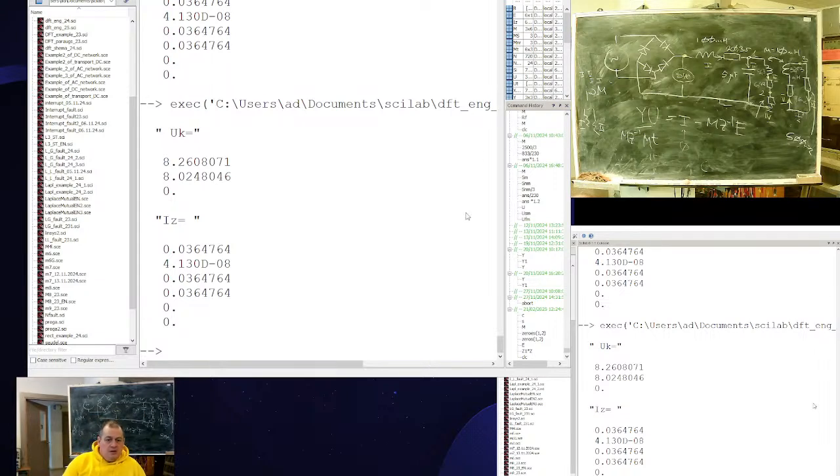Something wrong with my DC component. Sorry, that's tiny mistakes. I should not stop.